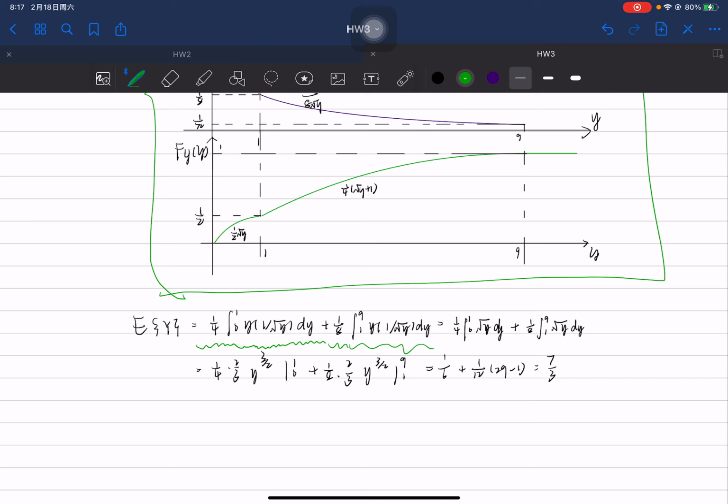And we could get that the final answer should equal 7/3.